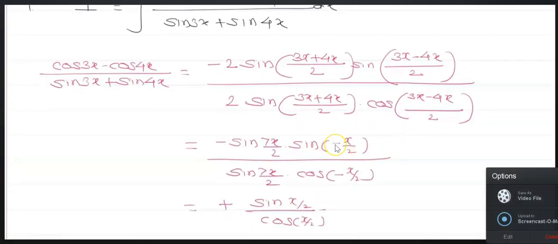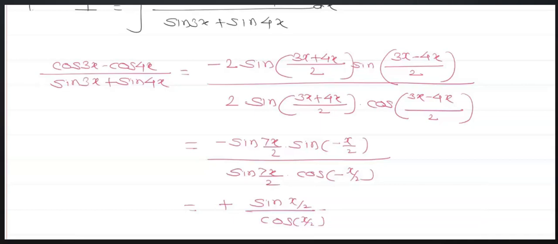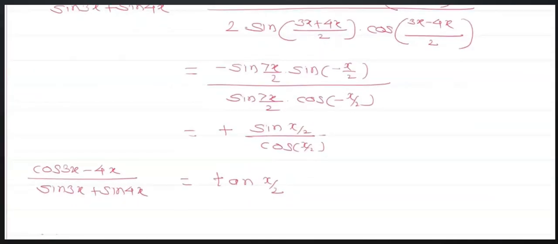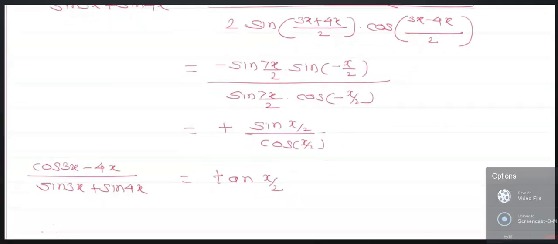Minus sin of minus x by 2 becomes plus, and sin of 7x upon 2 upon sin of 7x upon 2 gets cancelled. Therefore, you will get sin of x upon 2 upon cos of x upon 2, and that will be tan of x upon 2.